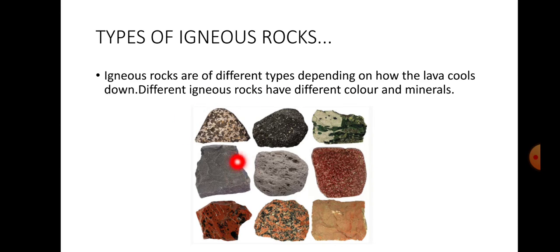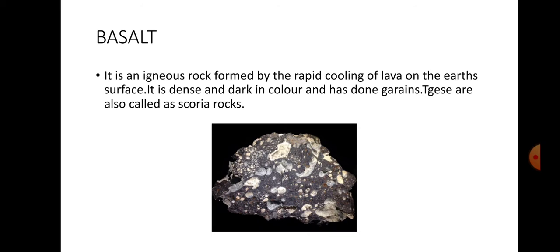Different igneous rocks have different minerals and colors, and depending on the mineral present in them, they obtain their color. So based on the lava cooling time, different types of igneous rocks are formed. Now we will see one type of igneous rock, that is basalt.